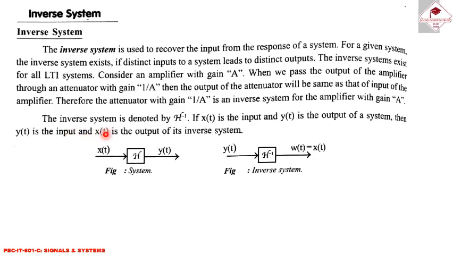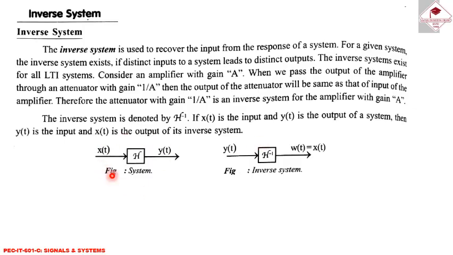So the inverse system is denoted by h to the power minus 1. If x(t) is an input and y(t) is the output of the system, then y(t) is the input and x(t) is the output of the inverse system.